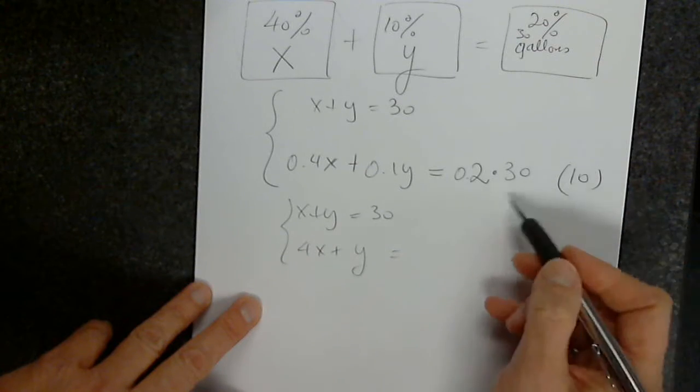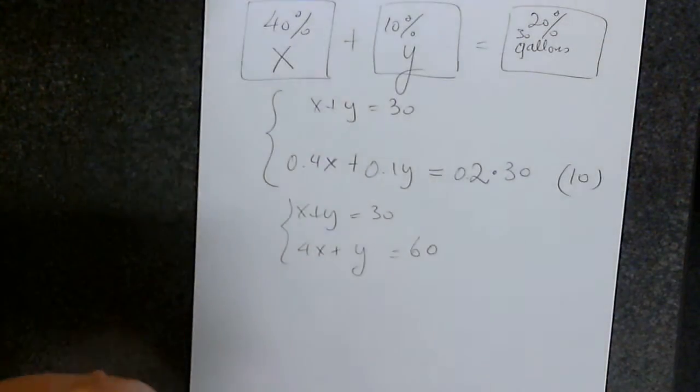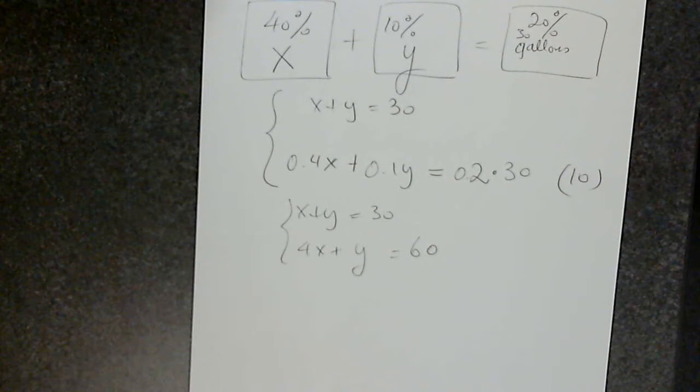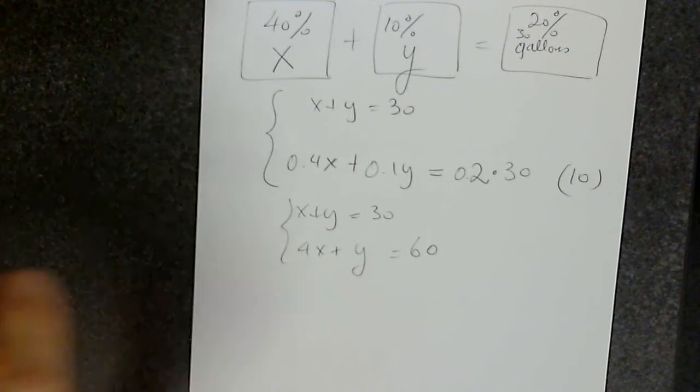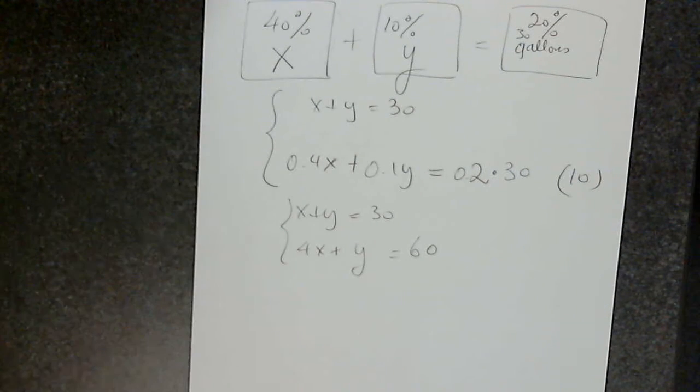And 0.2 times 10 times 30 is 60. I want to eliminate decimal numbers. I'm allowed to multiply both sides by 10 to eliminate decimal numbers. 0.4 has 1 decimal digit, 0.1 has 1 decimal digit, and 0.2 has 1 decimal digit. I will multiply both sides by 10.